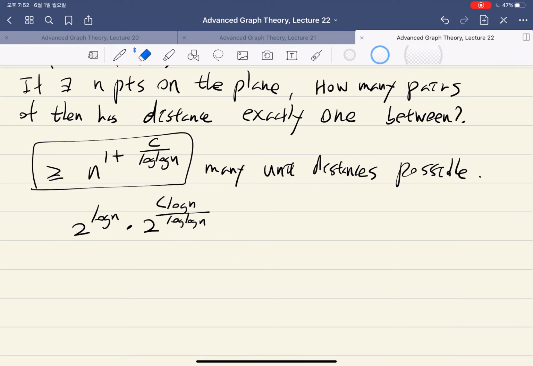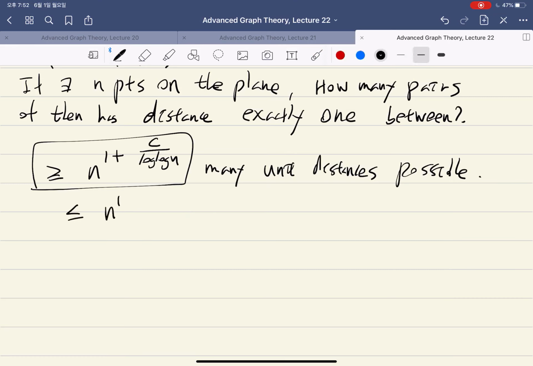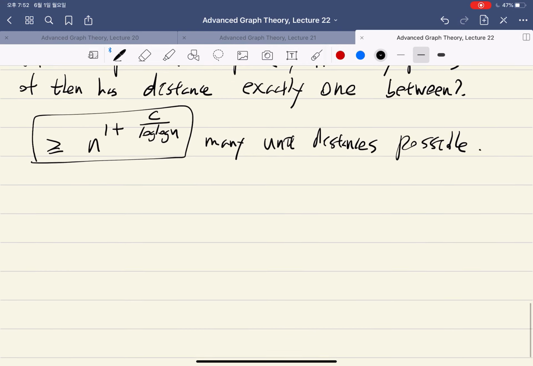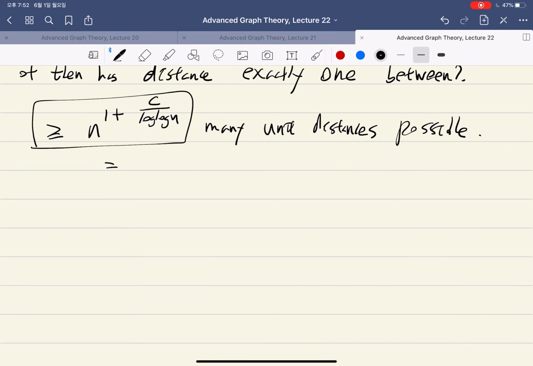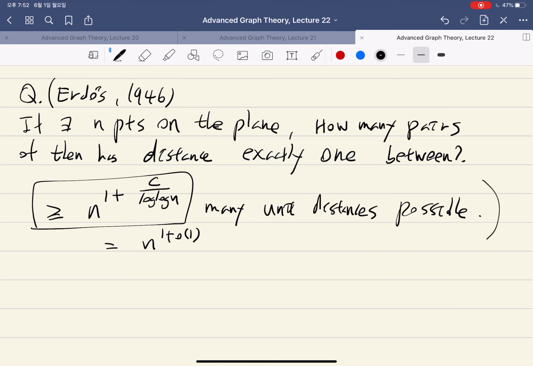So this is superlinear, but it is also smaller than n to the 1 plus epsilon for any positive epsilon, because as n grows, this gets smaller and smaller. So at a certain point, it's smaller than epsilon. So this is n to the 1 plus log of n. This shows that we can put points in a clever way so that we have at least this many unit distances.